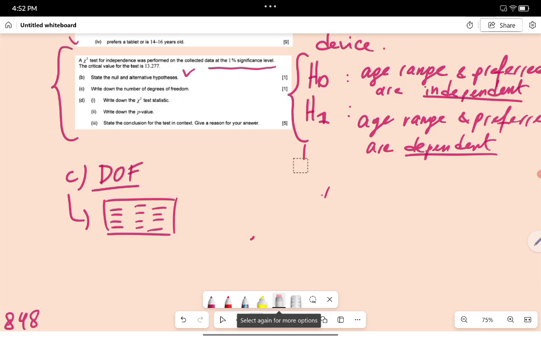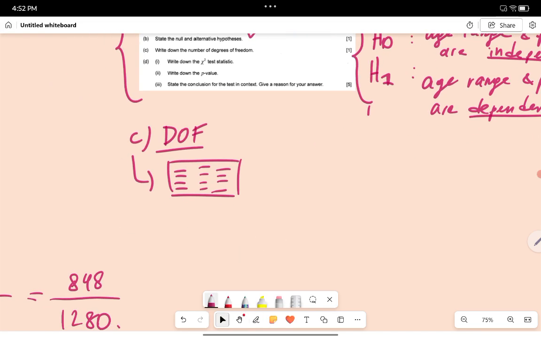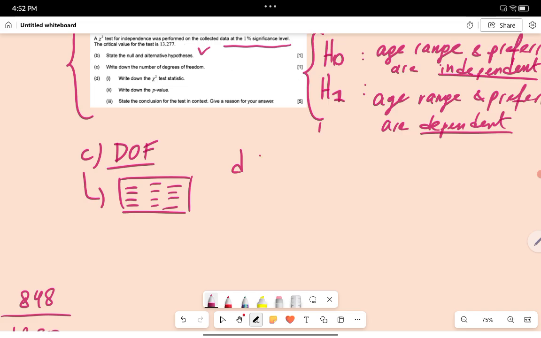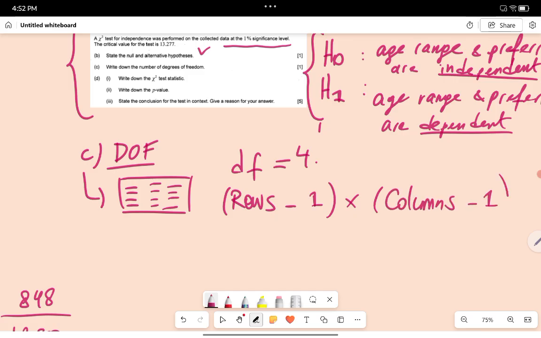And then you will be able to find the degrees of freedom. The degrees of freedom should be 4. Why is it 4? Because the degrees of freedom are given by the number of rows minus 1 times the columns minus 1, and you multiply those two.